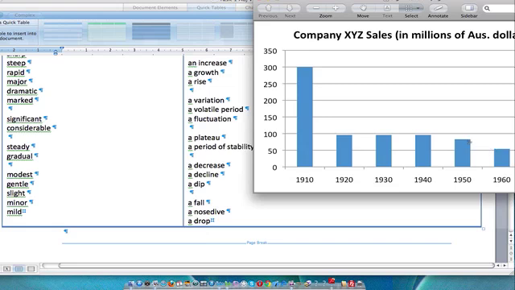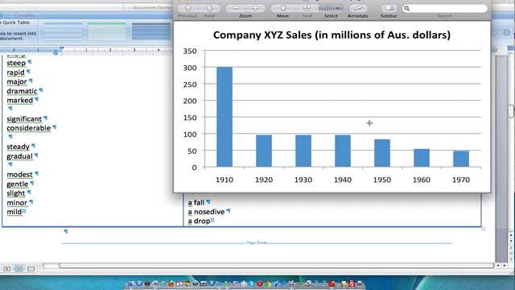So we had a modest drop between 1950 and 1960, or between 1940 and 1970, we had a gradual decline. Okay, so this decline here, it's moving at more or less equal increments, and we could describe the whole thing as a gradual or a steady fall.